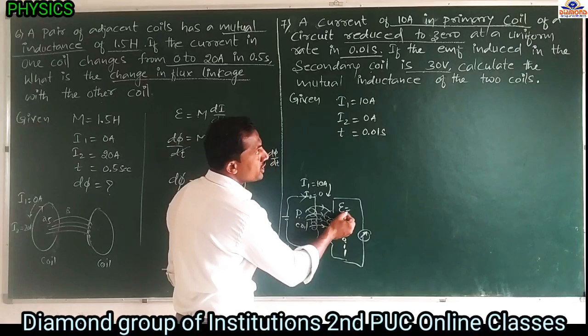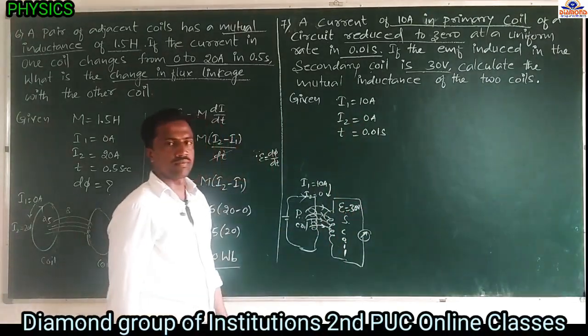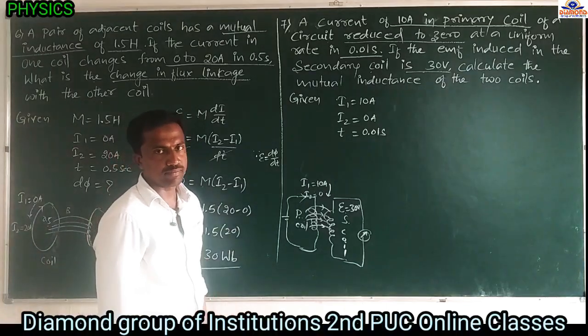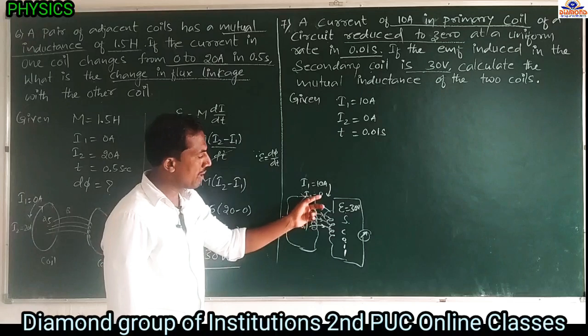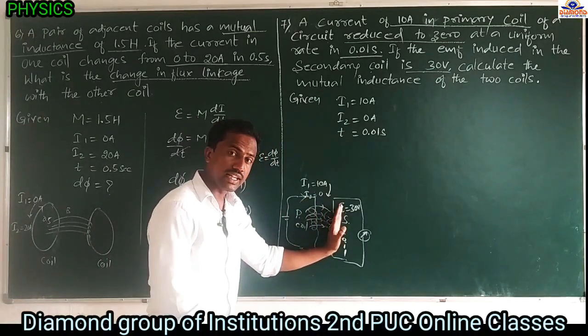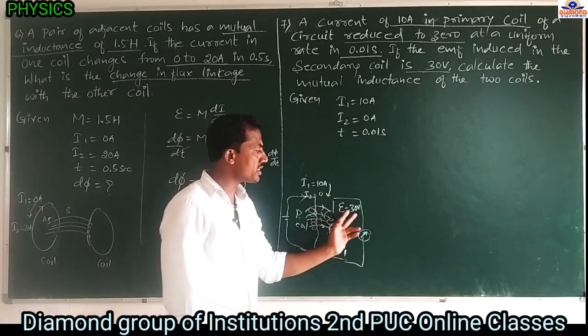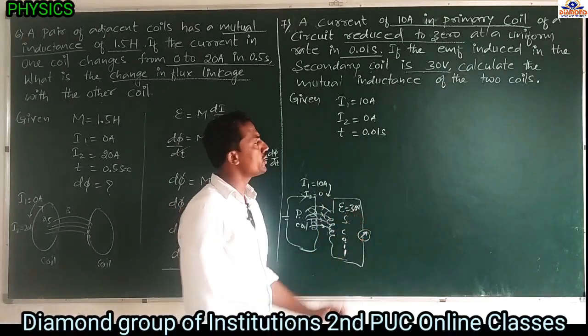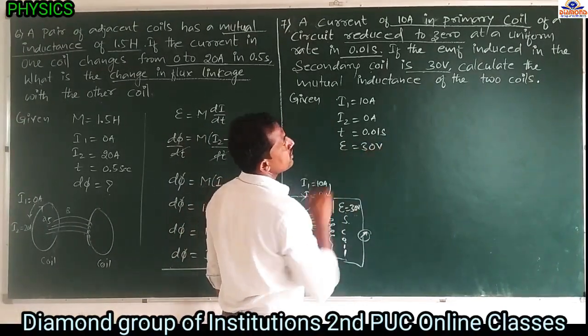How much EMF is induced in the secondary coil? 30 volt. According to Faraday's law, whenever the current is changing, the magnetic field is also changing. That magnetic field is linked with the secondary coil, and whenever the linked magnetic field changes, EMF is induced. That EMF is 30 volt. We are writing in the given data, EMF value is 30 volt.